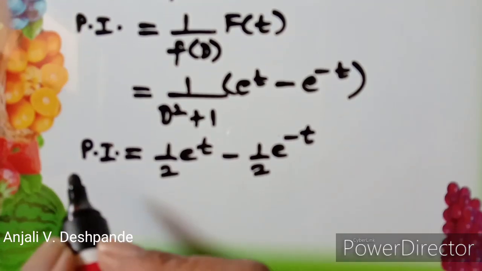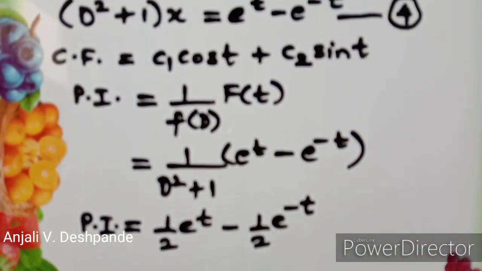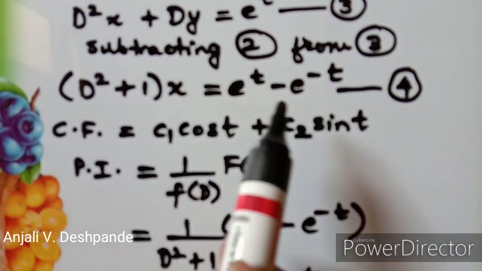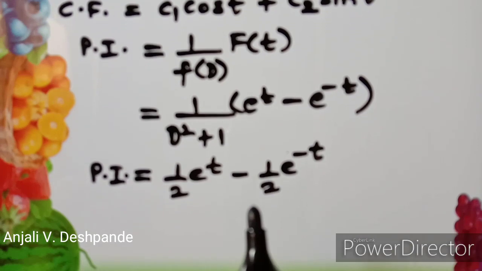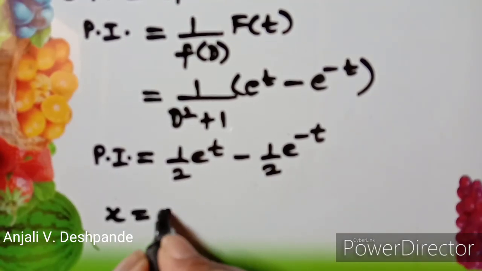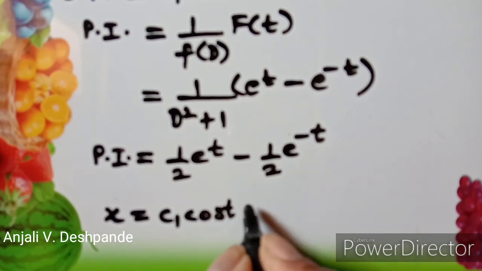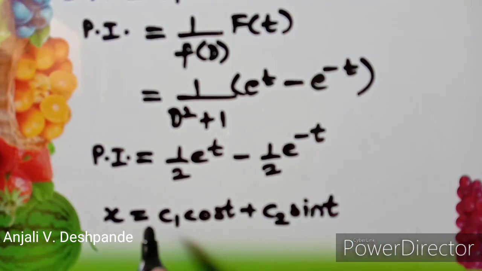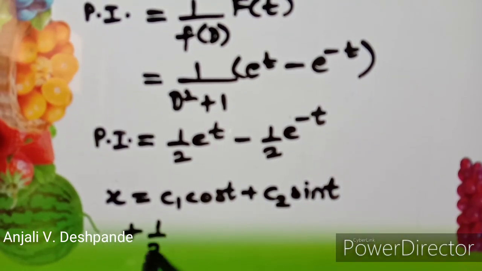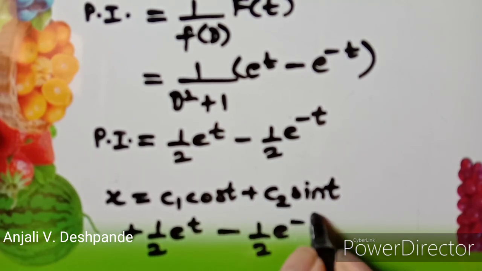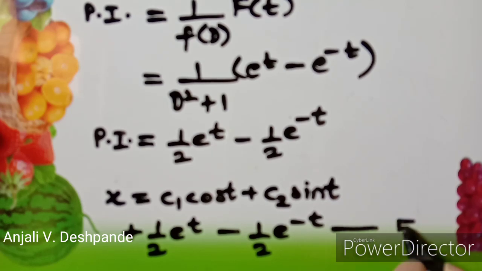So in this manner, the complete solution of this equation which we had formed, which is equation number 4, the linear differential equation with constant coefficients, is of course the CF plus PI. So x is equal to C1 cos t plus C2 sin t, right, plus 1/2 e raised to t minus 1/2 e raised to minus t, and this equation I am going to call equation 5.